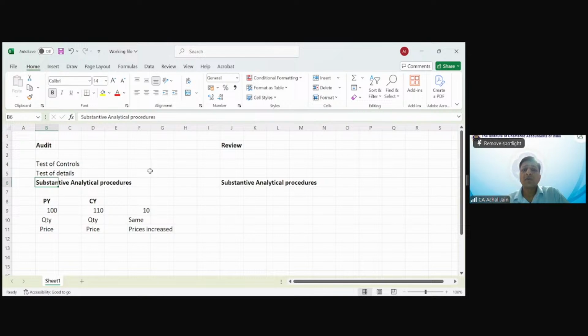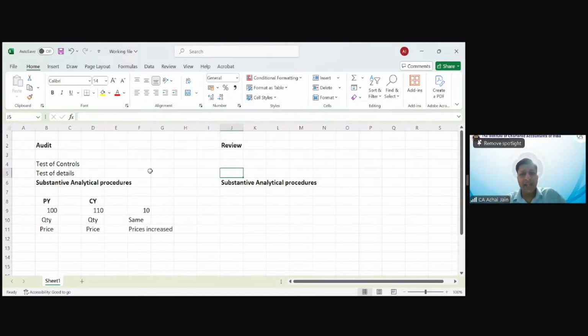Okay. So in case of substantive analytical procedures, you are not only analyzing, inquiring, you are also looking at the underlying data to substantiate the outcome or the explanations, to validate, so that you can draw the conclusions on the basis of this. And in this case, can we say that the testing of controls, testing of details cannot be done?